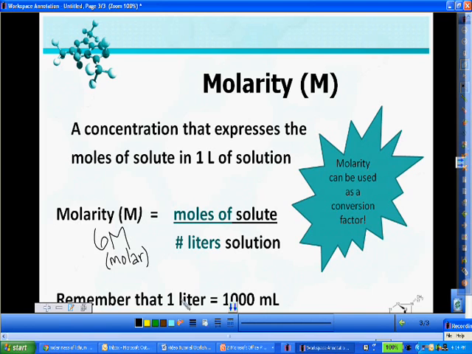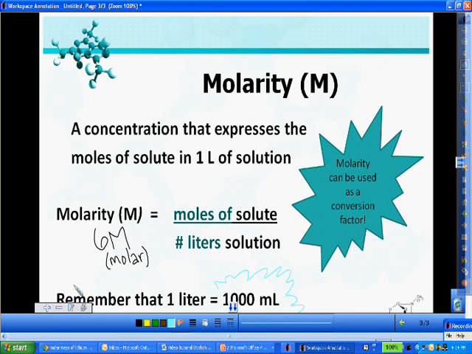Now the thing we have to remember when we're using molarity is that often in lab we're using milliliters. If we're using a graduated cylinder or beaker, we're not using liters, we're using milliliters. And so this is going to be very common when we're making calculations for molarity.